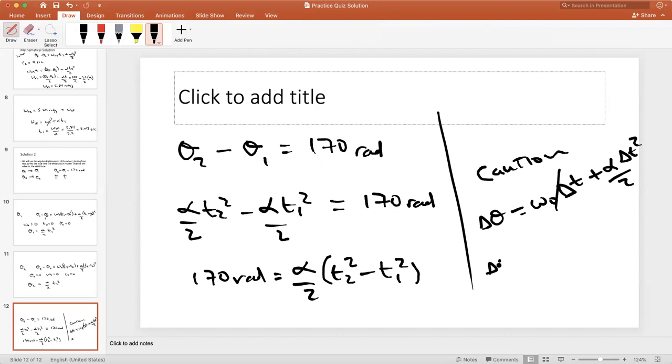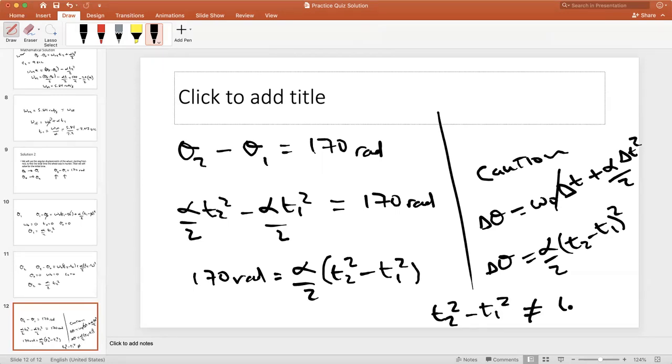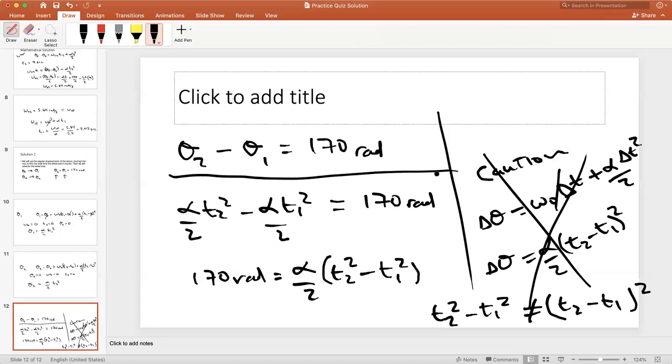This would, of course, still be our 170 rad, but you would have t2 minus t1 squared, and t2 squared minus t1 squared is not t2 minus t1 squared. So this does not work. Don't do that. You need to do this, and solve it.